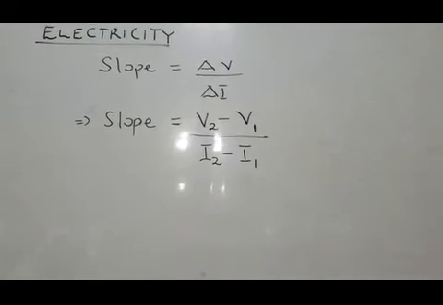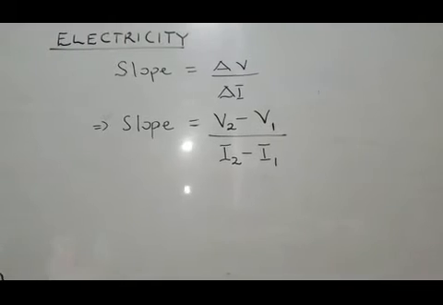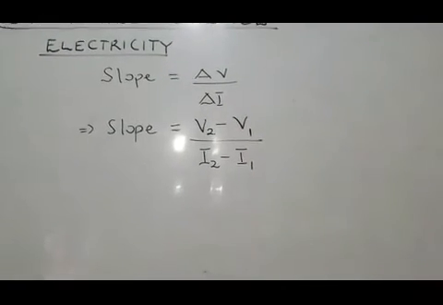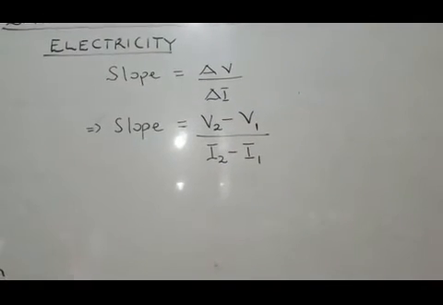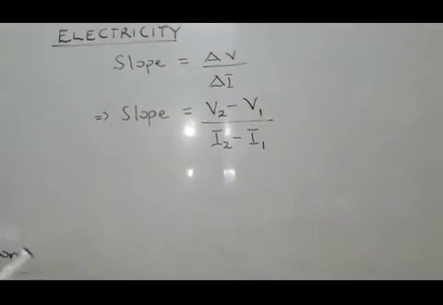In practical work, after determining the slope, one question they ask is, what is the significance of the slope? From here, your slope is change in V, that's voltage, over current.